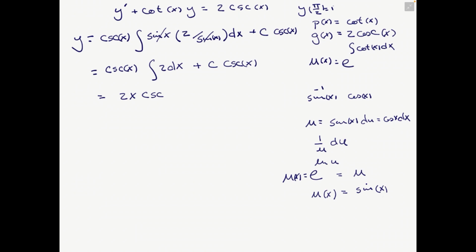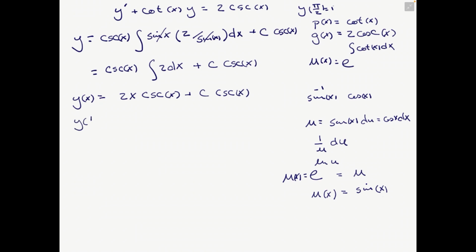And so this is 2x cosecant x plus c cosecant x. That's the general solution.